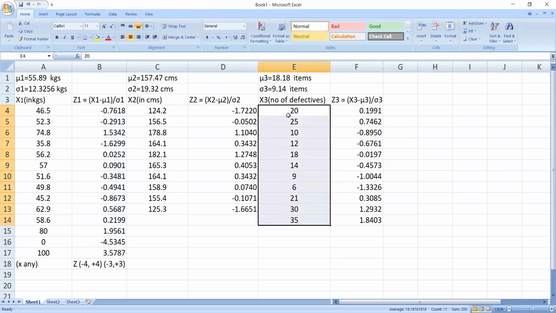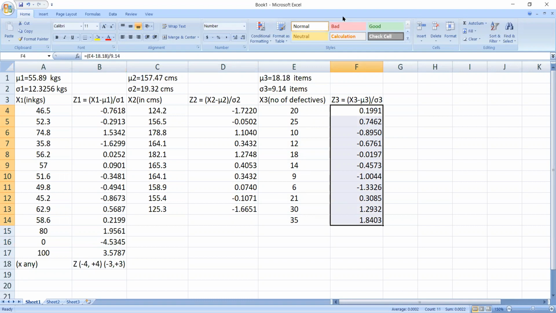See, I'm talking about x is equal to 20 defectives, x is equal to 30 defectives, x is equal to 35 defectives. So if this happens where your binomial n is large, in that case, you can actually produce standard normal distribution from that particular set of x.